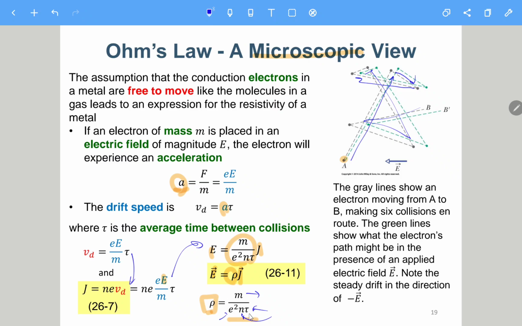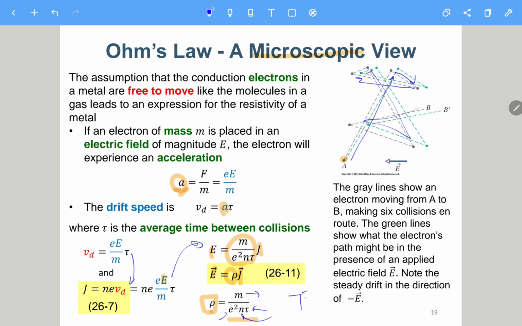But of course, it is related to the absolute temperature, as I mentioned. If you increase the temperature, it might influence the distance, so it will change tau, and so it will change rho.